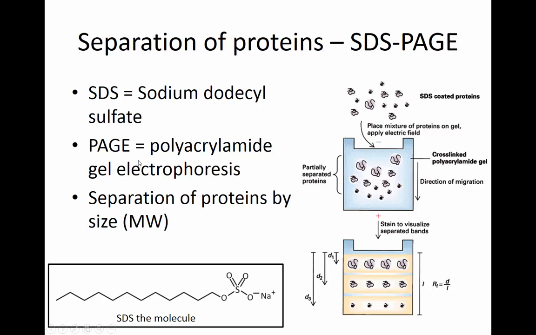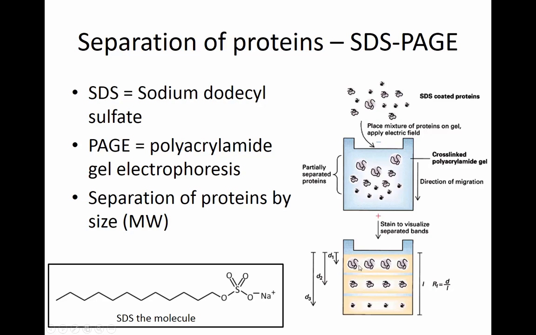And then the PAGE part of it is polyacrylamide gel electrophoresis. And what we're doing is we're separating proteins by and large by size or molecular weight. So we have proteins that we will coat in the detergent SDS, and then we're applying them to the gel here. We're putting them in this little well, applying an electric field, where the negative is up here, the positive is down here at the bottom of the gel, and that's the direction that the migration will go.